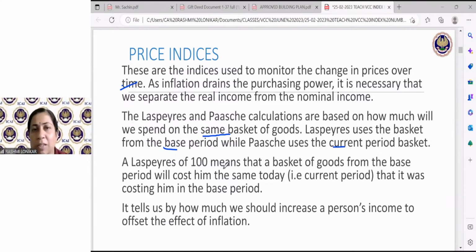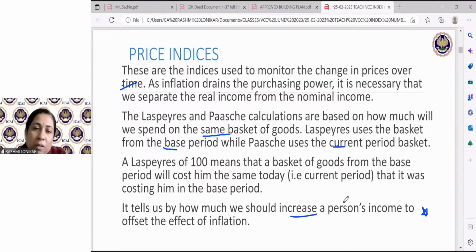Whenever you get a value of, say, 125, what does that mean? That the same goods which were costing 100 rupees in the base year are now costing you 125 rupees. So how much more do you have to pay? 25. It tells us by how much we should increase the person's income to offset the effects of inflation.